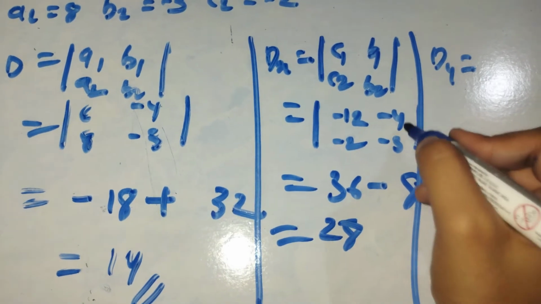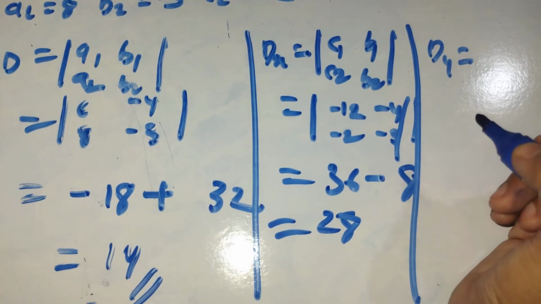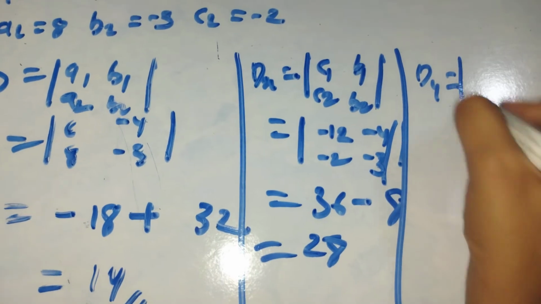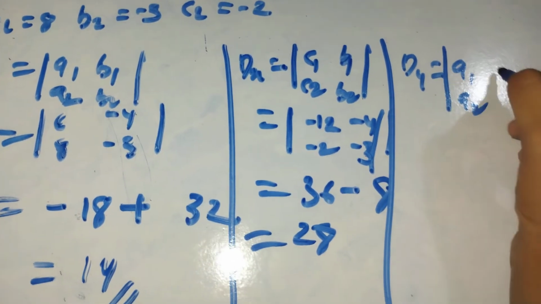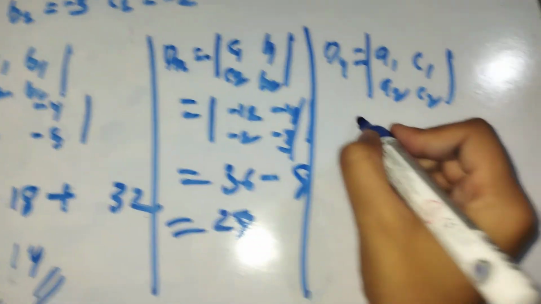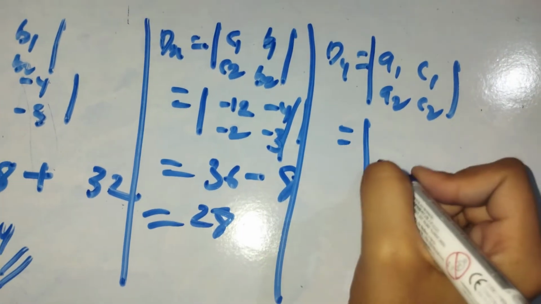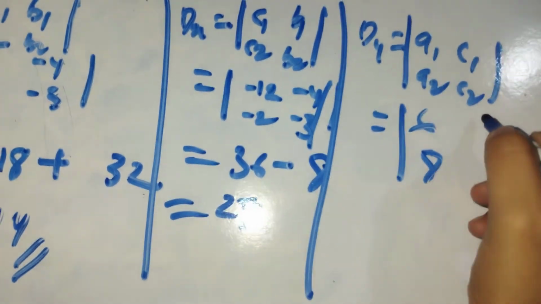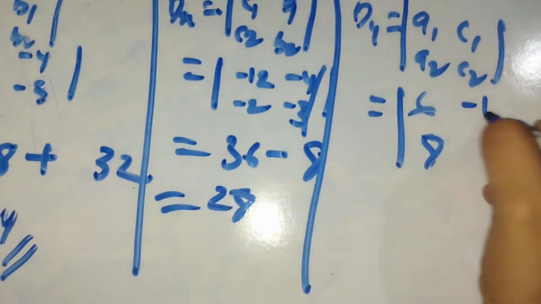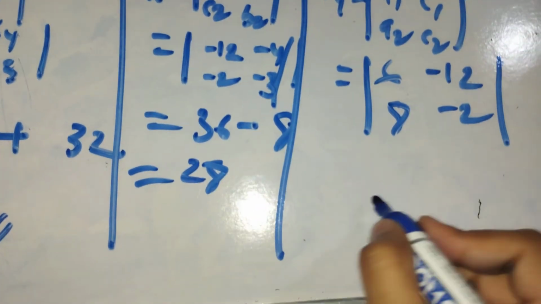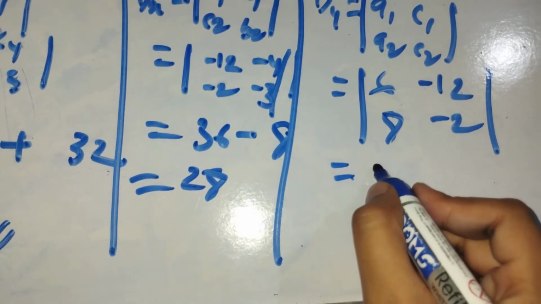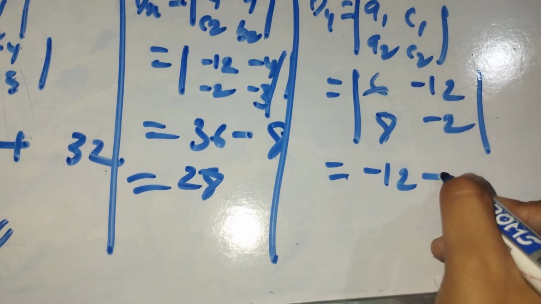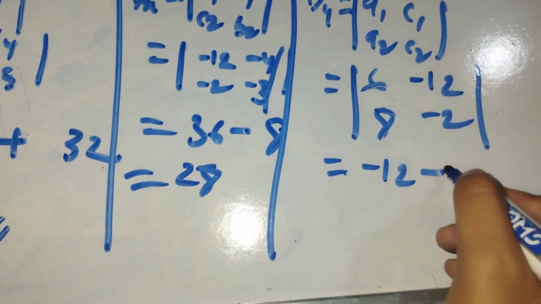And after that, finding the dy value. So dy is your a1 a2 c1 c2. Okay, so a1 is your 6, 8, c1 is your minus 12, minus 2, and this is your minus sign of formula, and minus minus will get plus.